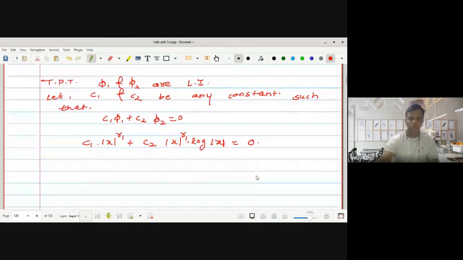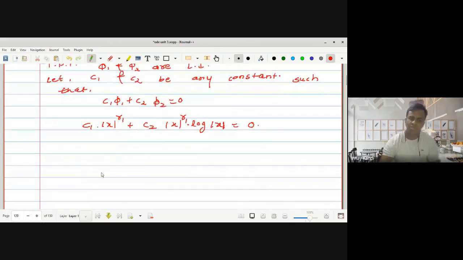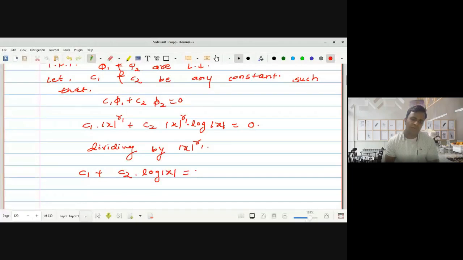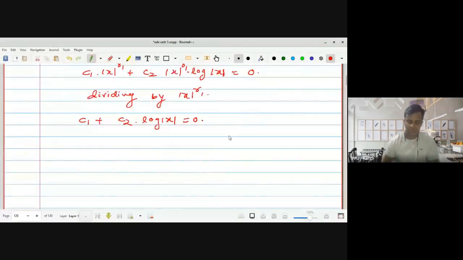Now dividing whole equation by mod of x raised to r1. So what we get? C1 plus C2 into log of mod of x is equal to 0.